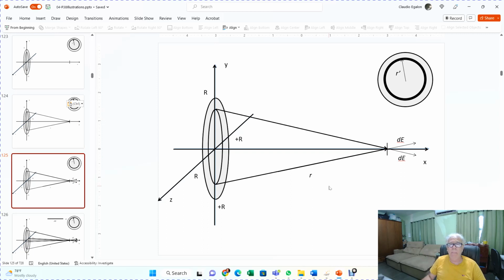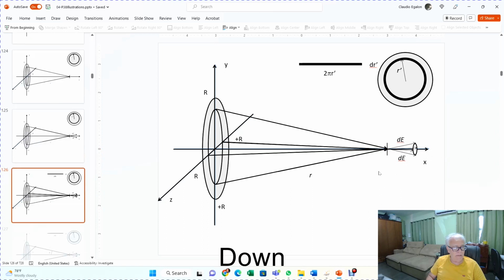Each of those rings is going to have an electric field also parallel to the x-axis, along this axis. Again, remember, we're doing the electric field only along this axis. If you want to calculate the electric field outside this axis, it's a much more difficult problem from the integration point of view. So those fields add, and you end up only with the field along the x-axis.